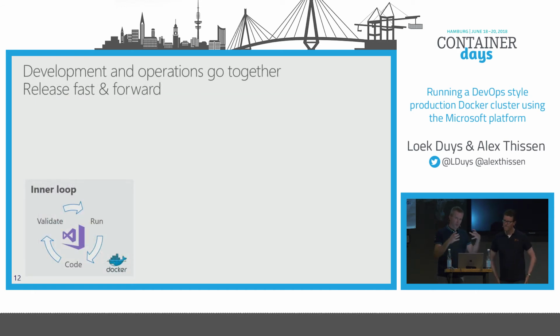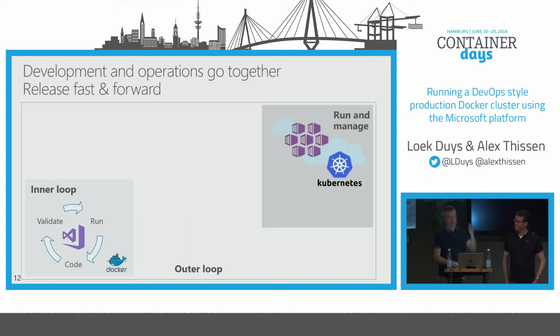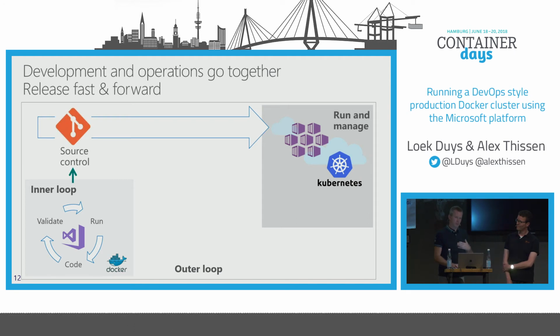So with that, we are able to fix it. We just did. We've asserted that it actually works. So our inner loop is complete, and then we want to go to the outer loop, which is going to our cluster. We want to push the code that we have as an image into the cluster, and we need something completely automated for it. Well, that's where the tooling comes in again, tooling of your choice, but we've picked source control for Git.